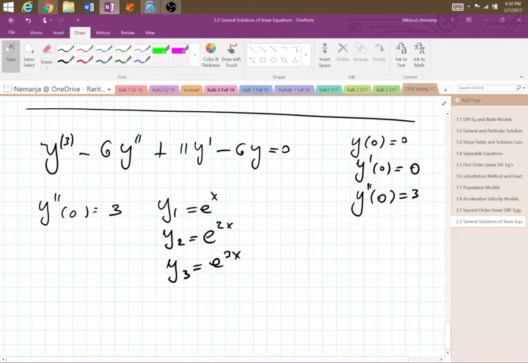Now, as you're doing this, in the field, the order of the steps would be to first check that they're linearly independent, and then go on to the rest.